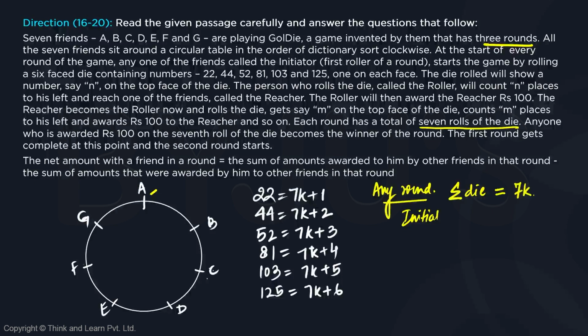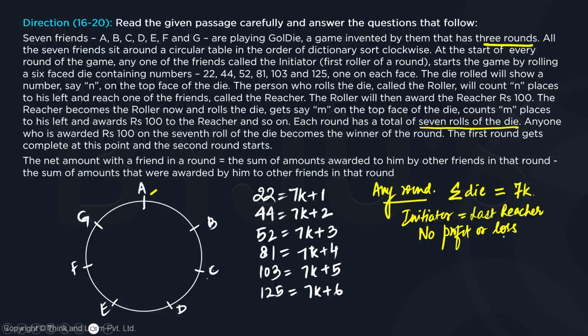So the initiator is going to be the person who is the last reacher. We will come back to him. In that case, whatever money A had awarded to somebody else, that somebody else is going to award the same money to somebody else. And if this cycle continues, finally A will get back his own money. So initiator is the last reacher, and there is no profit, no loss scenario.